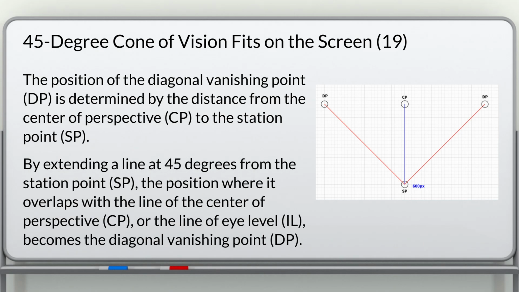The position of the diagonal vanishing point is determined by the distance from the center of perspective to the station point. By extending a line at 45 degrees from the station point, the position where it overlaps with the line of the center of perspective, or the line of eye level, becomes the diagonal vanishing point.